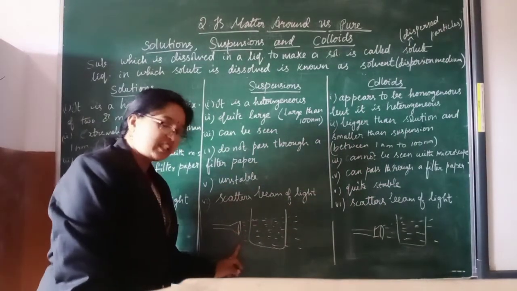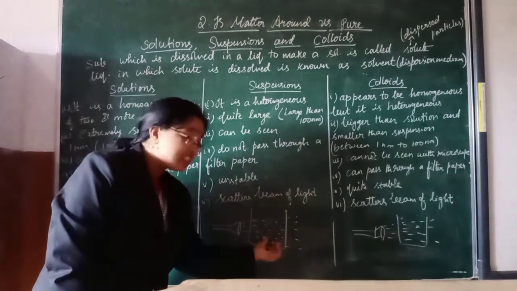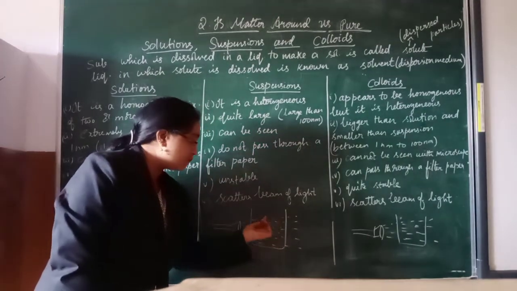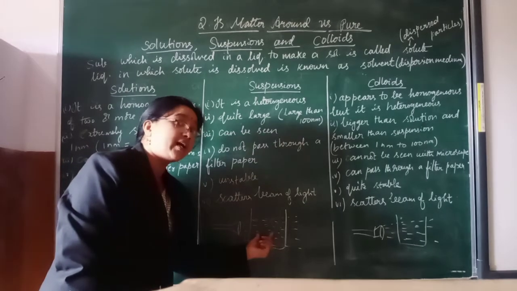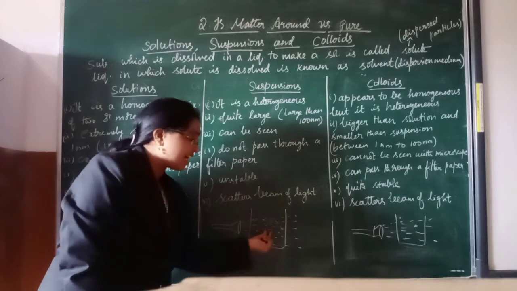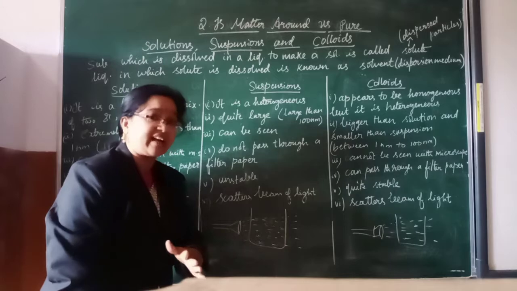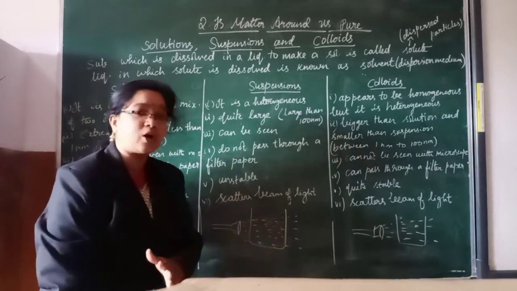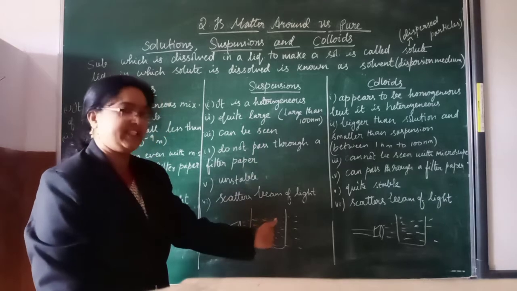Outside we are able to see the light, and on that side also we are able to see the light. Even inside the beaker, which contains a suspension, we are able to see the light. Why? Because here the size of the particle is quite large. They are able to scatter the light outside, and because of that scattering only we are able to see the light here.